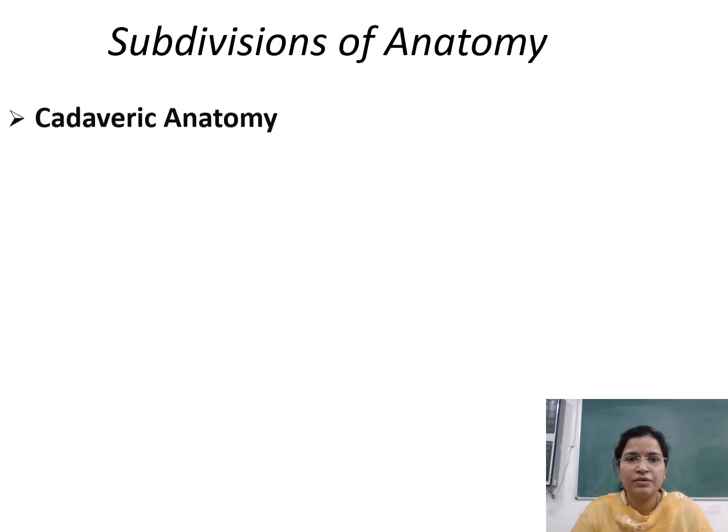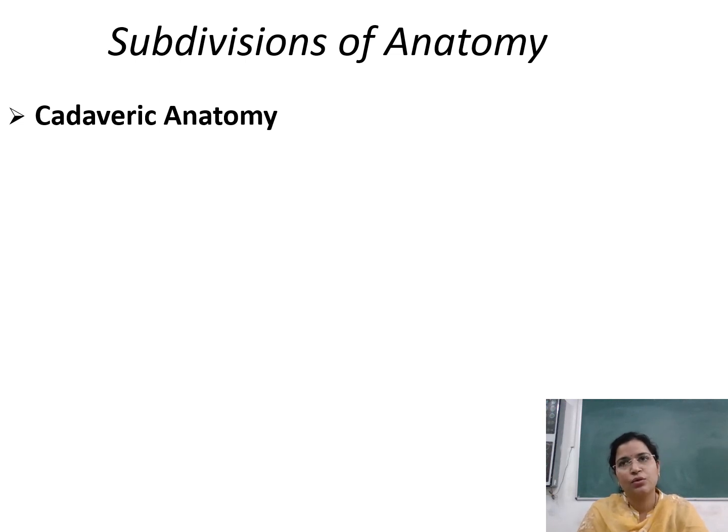Now, which are the subdivisions of anatomy? Such a vast subject is divided into cadaveric anatomy, that is, gross anatomy. Cadaveric anatomy is gross anatomy with naked eye examination, where the human structure is studied on human dead bodies, that is, cadavers.